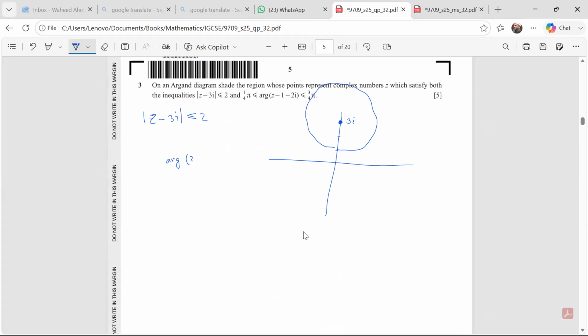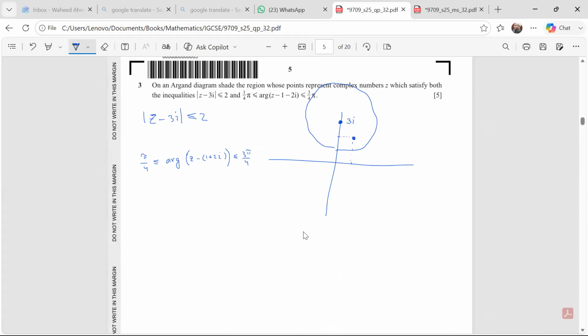Now the second condition is that the argument of z minus (1 + 2i) is less than 3π/4 and more than π/4. What does it mean? It means all the complex numbers whose angle from this point, 1 plus 2i, remember this point is 2 and this is 1.